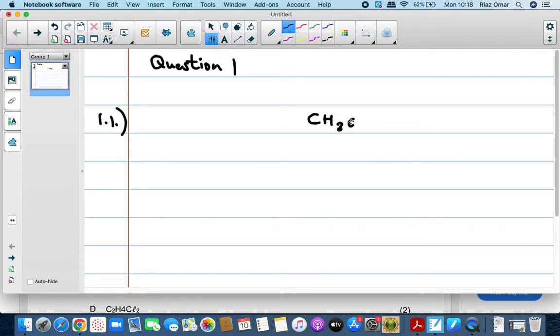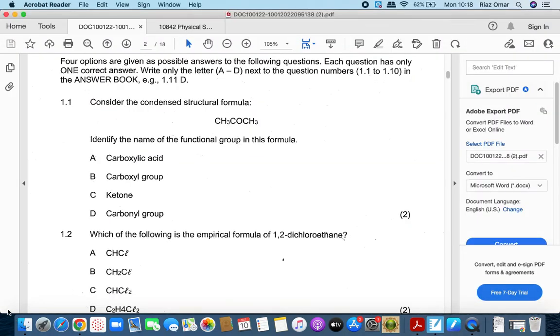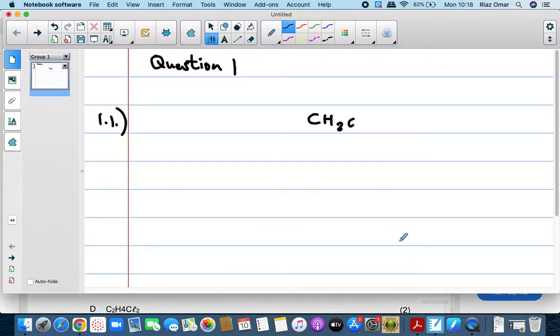CH3COCH3. So let us draw this now. C, put our hydrogens there, and you've got C, O, CH3. So when we draw it, we can see what is something special in the sum.